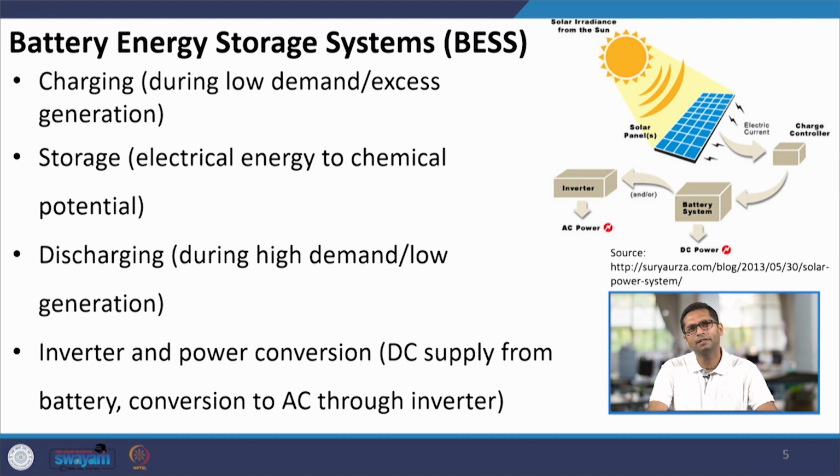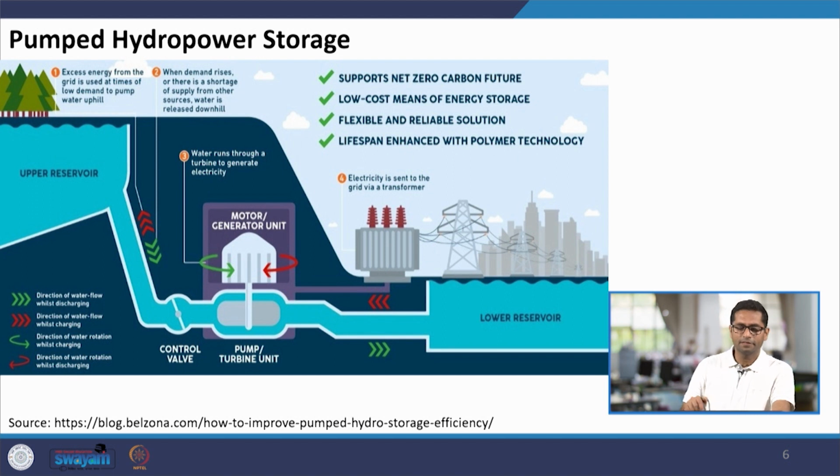Among the batteries we have different types, and in this particular study we compared 2 prominent types, the lithium ion batteries, which are the most prominent existing today, and a sort of futuristic technology called the flow batteries, or vanadium flow batteries.